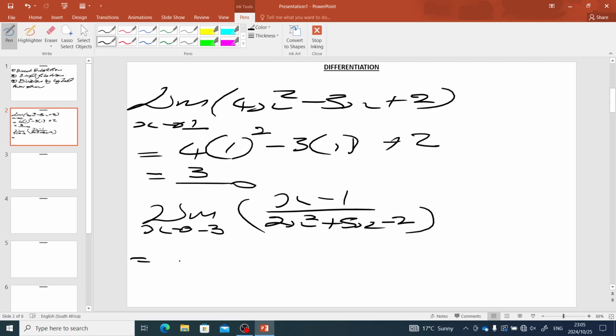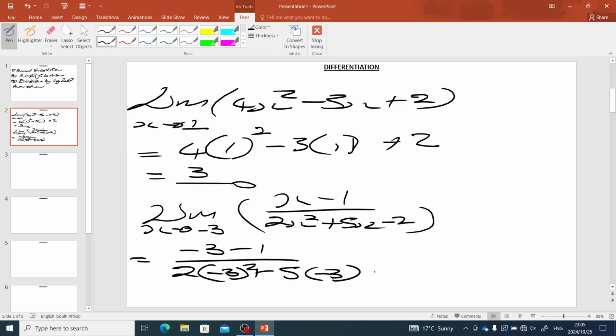If we do the direct substitution, it will be -3 minus 1 divided by 2 times (-3) squared plus 5 multiplied by -3 minus 2. Then we will get -3 minus 1 divided by 2 multiplied by 9, because negative multiplied by negative is positive.